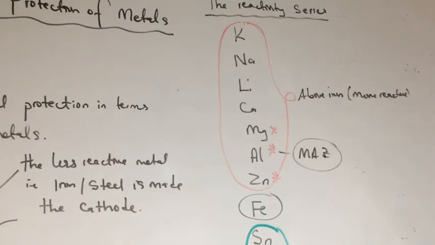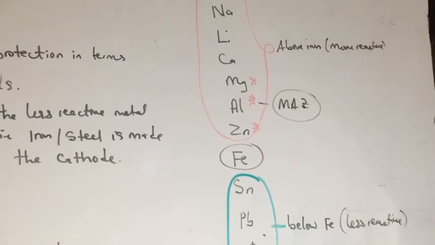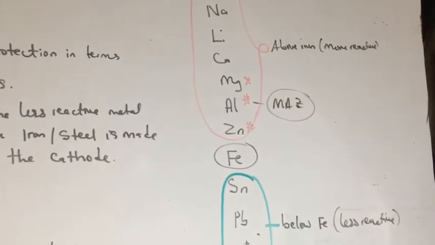So this is the reactivity series. The metals that are above iron are the more reactive ones, and they are to be made the anode. Those that are below iron are never used.